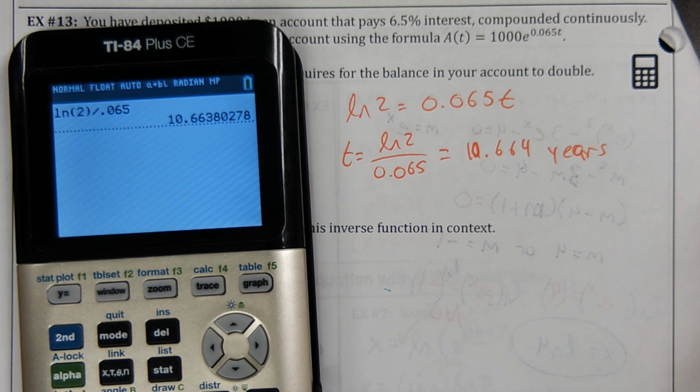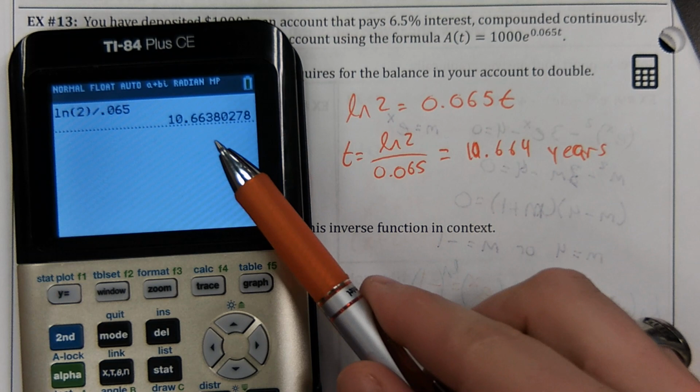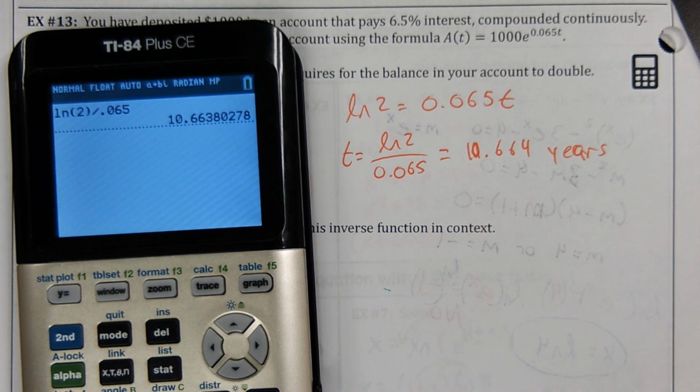So depending on the words, we may have to change our answer. If this had said 10.1, and I said, what's the minimum number of years in order for your account to double? You still would have said 11, because at 10 years, you would have been less than double. Just depends on the verbiage.